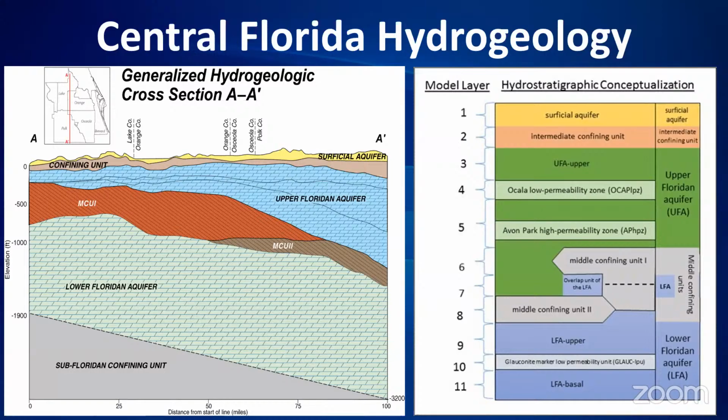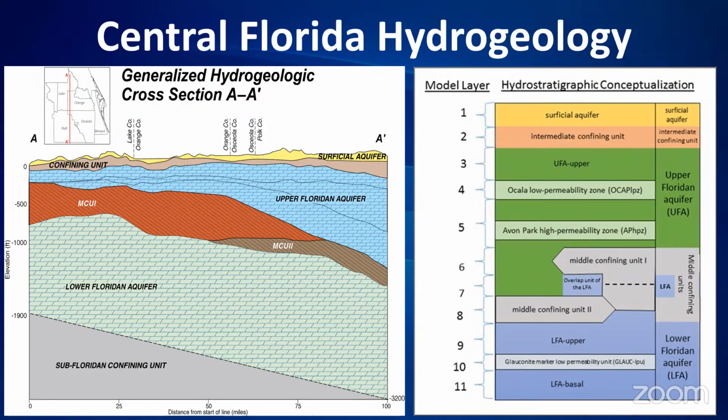Below that are some confining units, which are clays and things like that, that separate that aquifer from the lower Florida aquifer. And that is the alternative water supply source that a lot of the utilities are going to be tapping into to meet some of their future demands. And then below that is just a sub-Florida confining unit. So that's what the aquifer system in Central Florida looks like in a cross-section vertical slice.